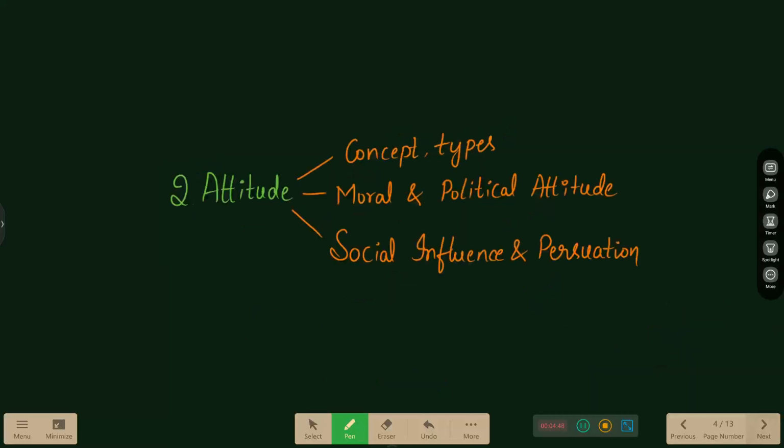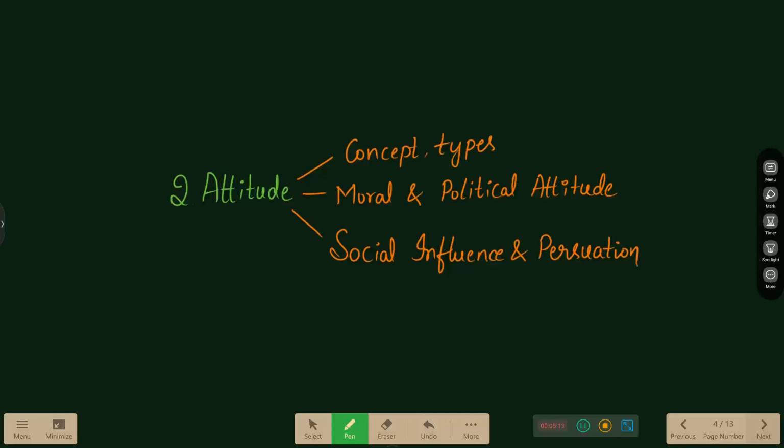Moving to the next chapter, that is attitude. From the attitude chapter, we need to learn the concept of attitude and the relation between thought, behavior, and attitude. What are the components of attitude? What are the types of attitude? Then you need to know moral and political attitude.